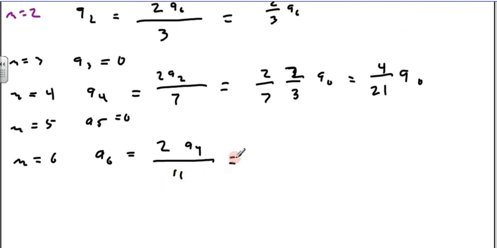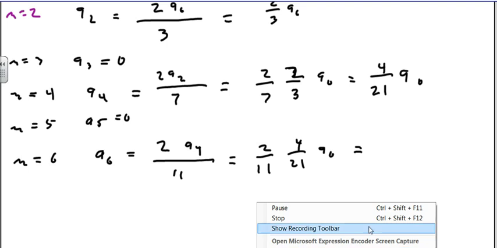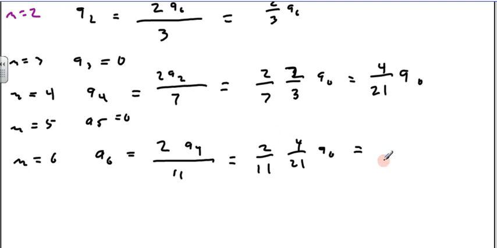So I got 2 over 11 times 4 over 21 a0, which is equal to, okay, so that's going to be 8 over 231 a0. Well, that ought to be enough terms.